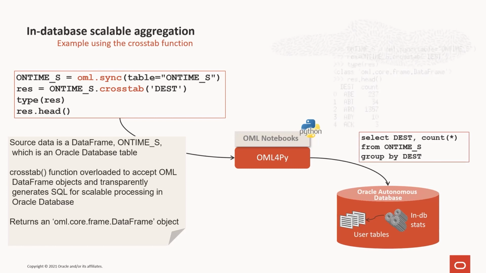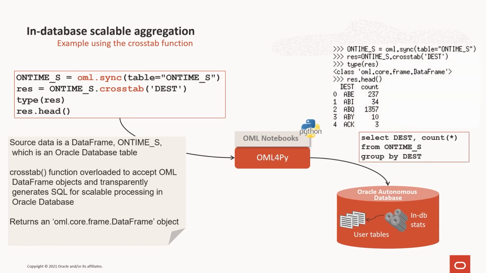Upon running this function, we can see the result type is an OML data frame object. When we invoke the head function, we retrieve the first few rows of the result. Note that results may be large themselves, so rather than pulling the entire result to the client, requiring both time and memory, the result remains in the database with a proxy object returned for subsequent use.